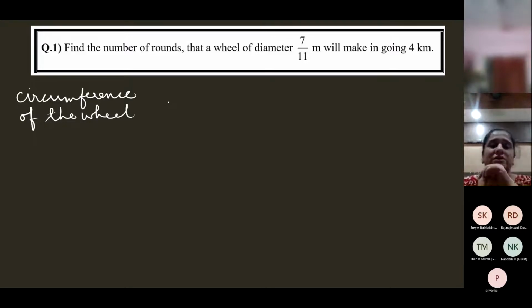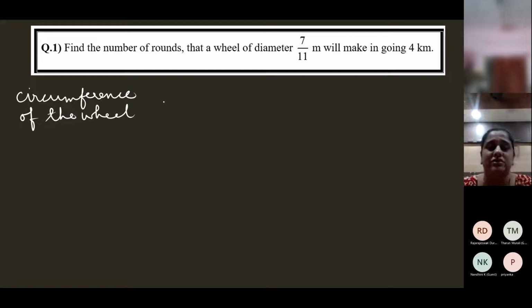Circumference is a length, not area. Circumference is the length of the boundary of the circle. So in this case, it's the length of the boundary of the circular wheel, which is the distance covered by the wheel in one round.